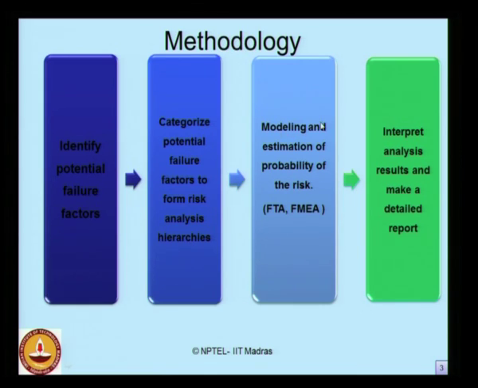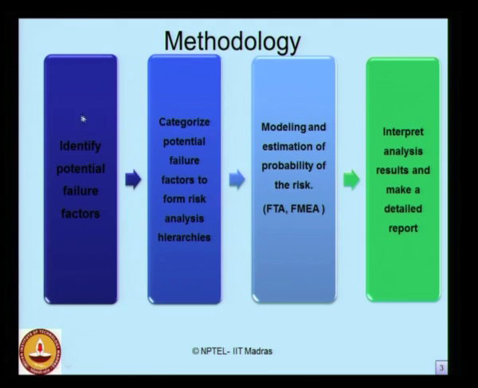Then model and estimate the probability of risk using either FTA or FMEA methods. After doing the analysis, interpret the analysis results and then prepare what we call a detailed report based on your study. So, the methodology on risk analysis has 4 different modules.